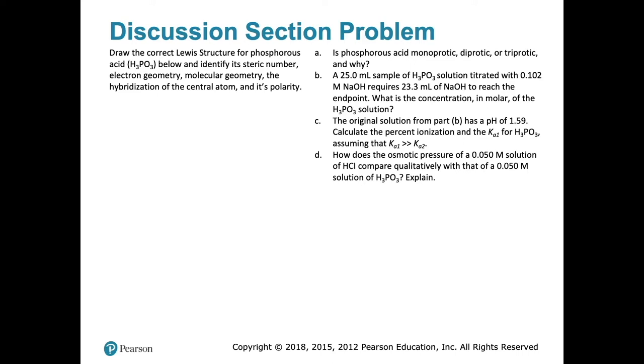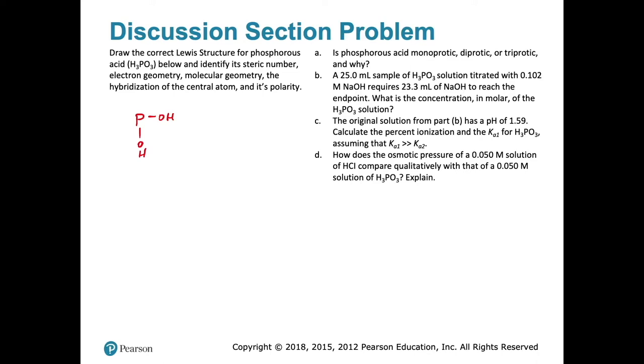So the first question, of course, is to draw the Lewis structure. It's quite easy, actually. Always have the phosphorus in the center. The easy part is this part here, because this is just like phosphoric acid. Phosphoric acid and phosphorus acid have those two the same.